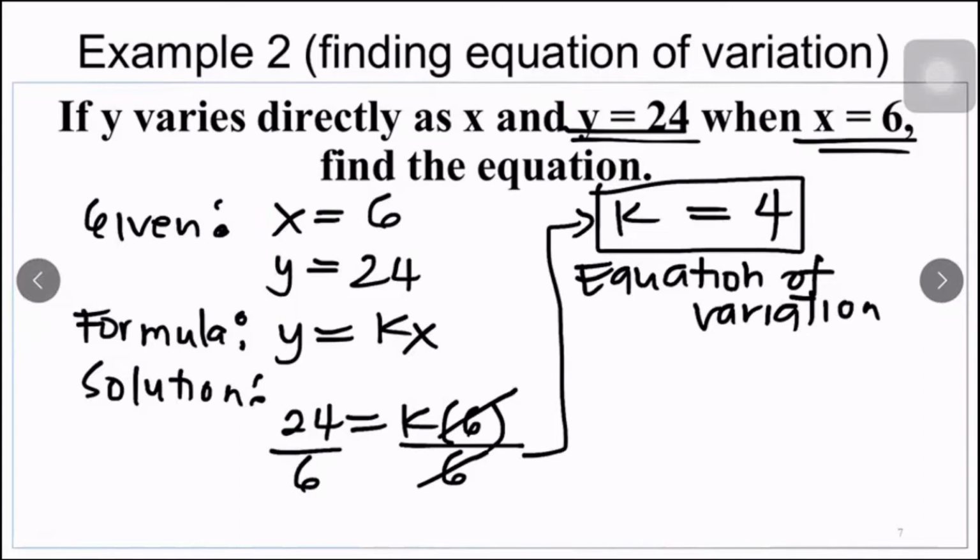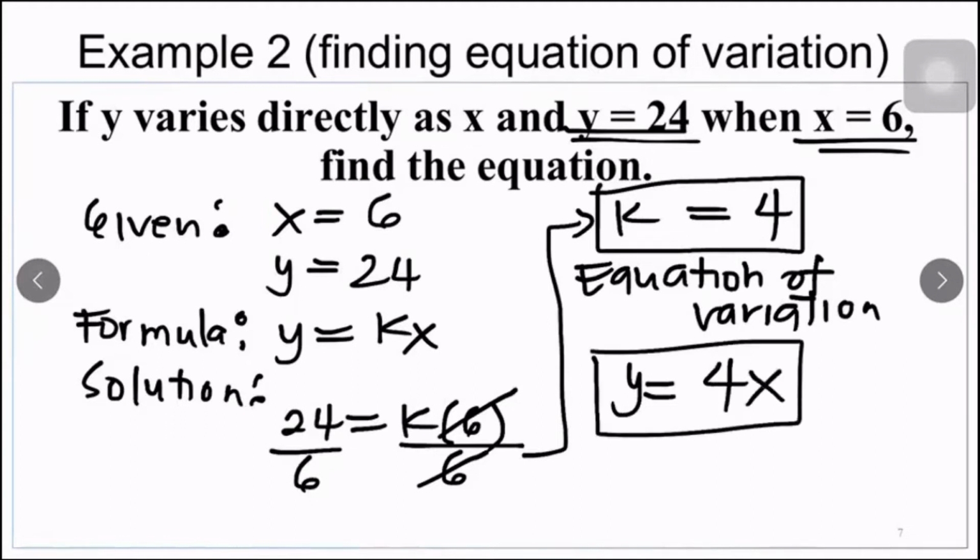Substituting the value of k to our formula, it will become y is equivalent to, k natin is 4, then we have x. Therefore, we have our final answer, y is equivalent to 4x. This is our final answer for the second example of finding the equation of variation.